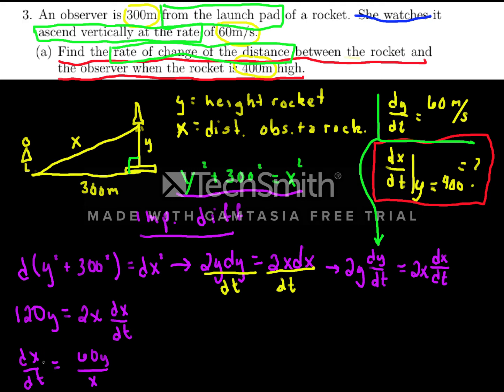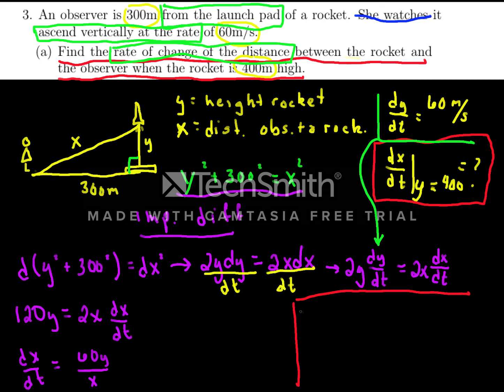So now we have a formula for dx dt, and I want to know what is dx dt when y equals 400. Just like the last problem, my dx dt is in form of two variables, y and x. So I have a side problem. I need to know what is y equal to, so I'll look at this side problem.